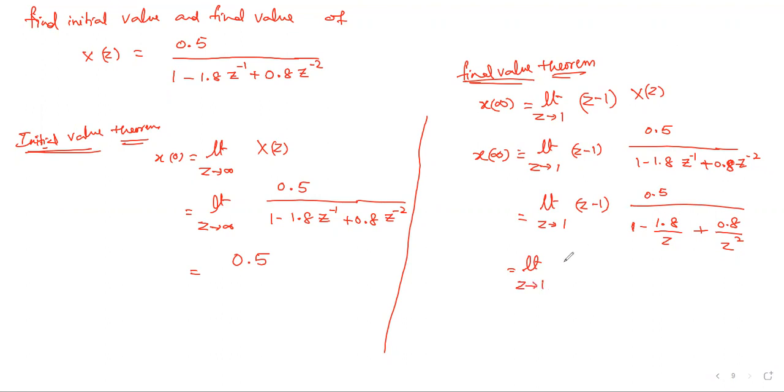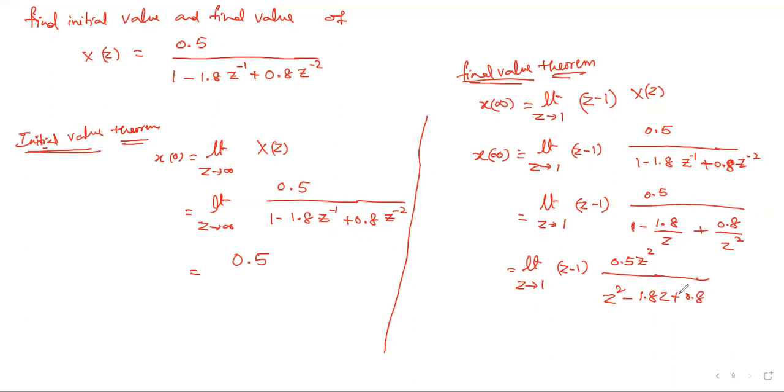Limit z tending to 1, z minus 1 into 0.5 z square divided by z square minus 1.8 z plus 0.8, right? So this is what we will get.